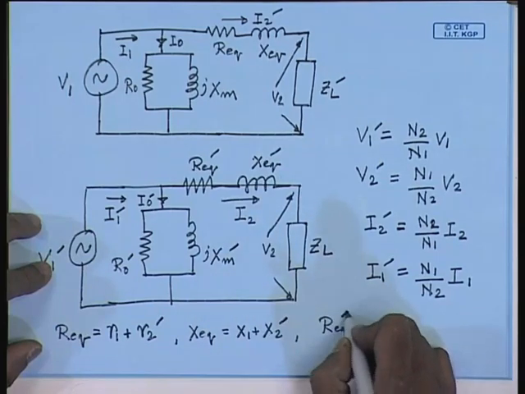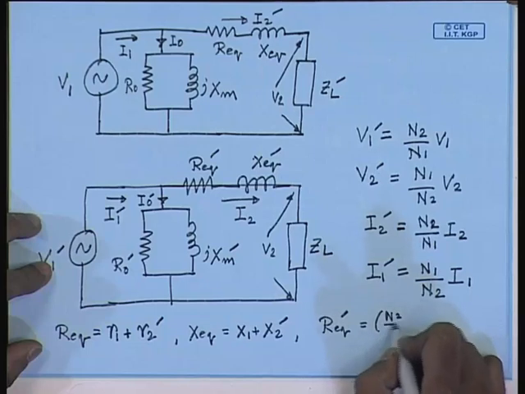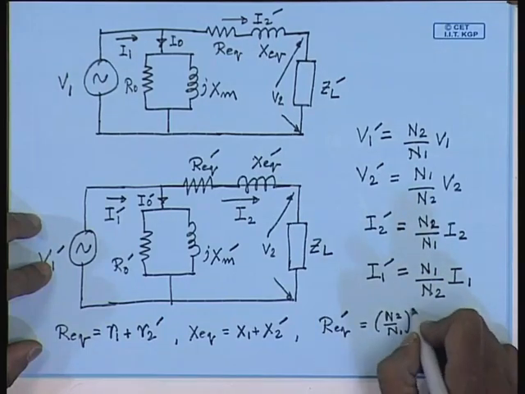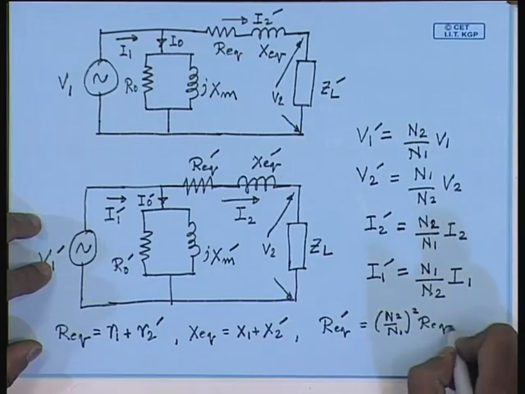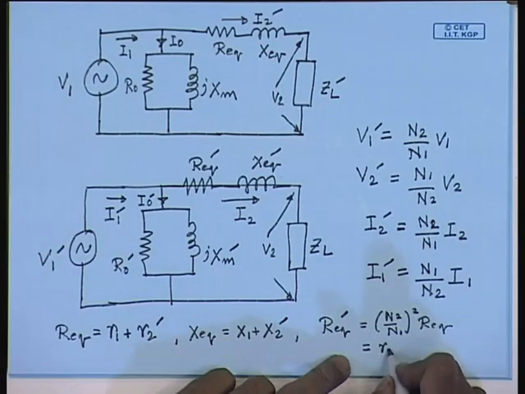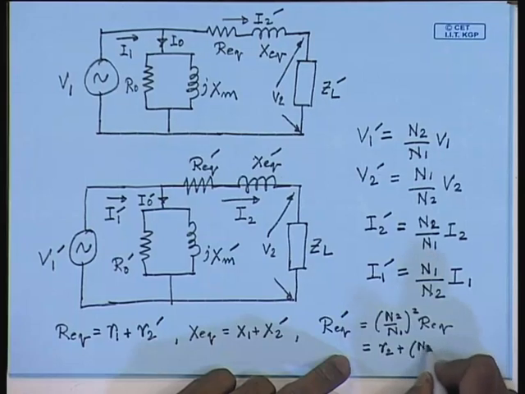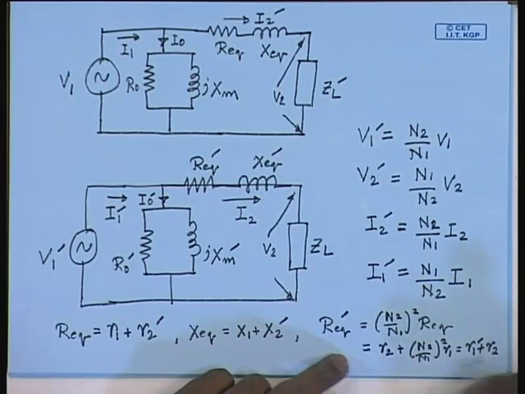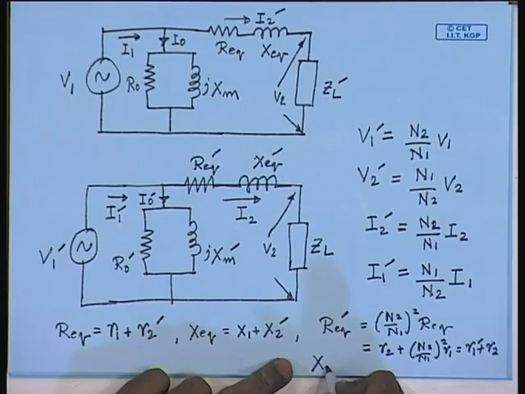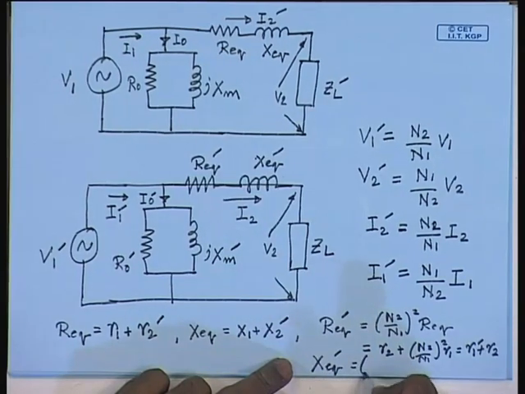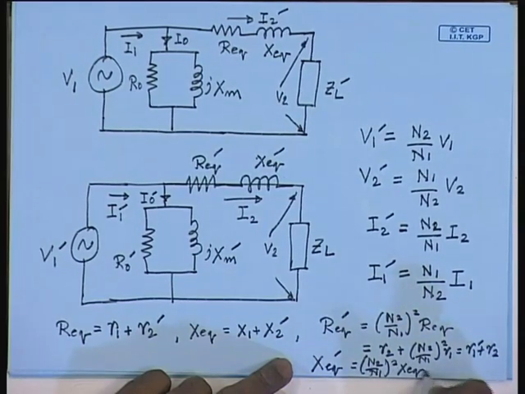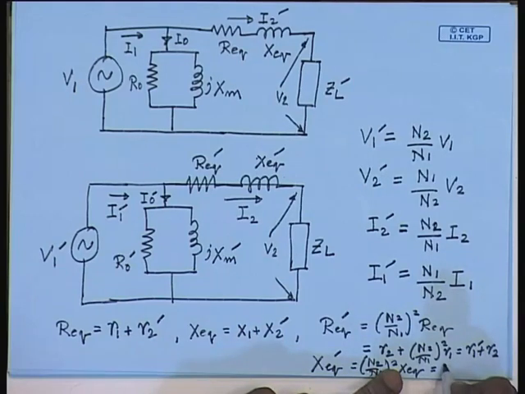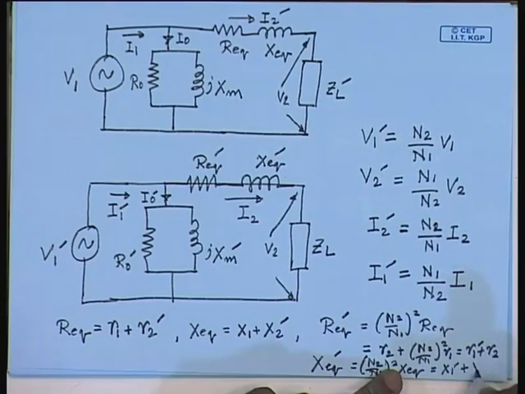Req dash equal to N2 by N1 square times Req, hence it is equal to R2 plus N2 by N1 square R1, equal to R1 dash plus R2. Similarly, Xeq dash equal to N2 by N1 square Xeq equal to X1 dash plus X2.